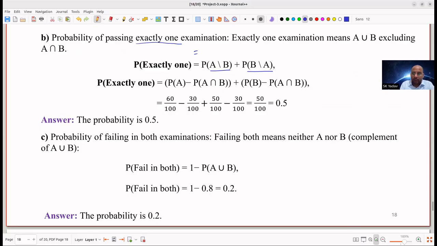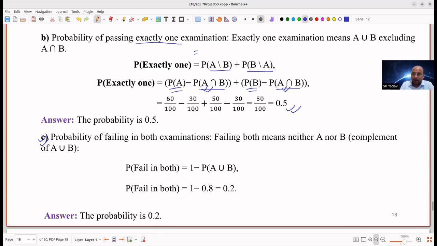Exactly one means P of A plus P of B minus P of A intersection B and minus P of A intersection B. So this and this becomes two times what I wrote earlier. So the answer is 0.5.